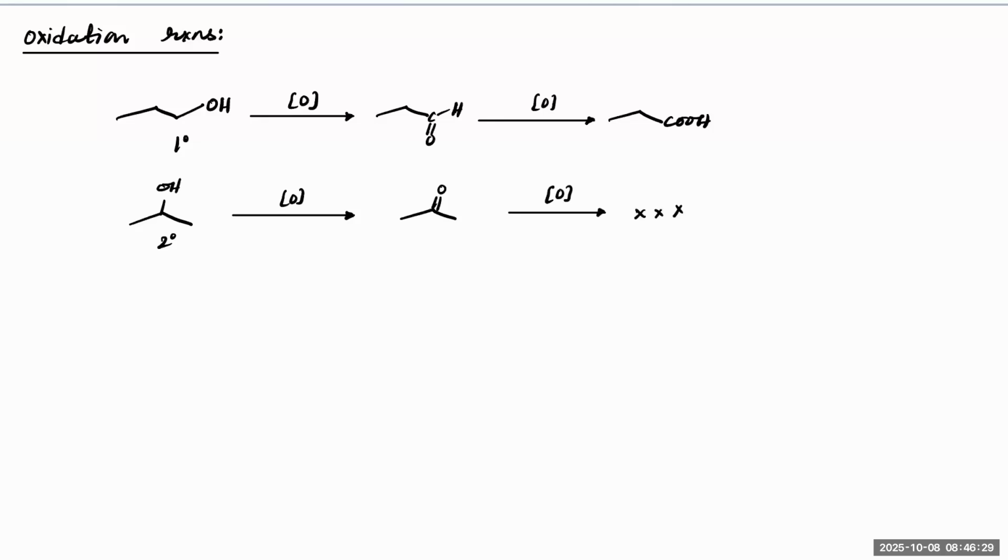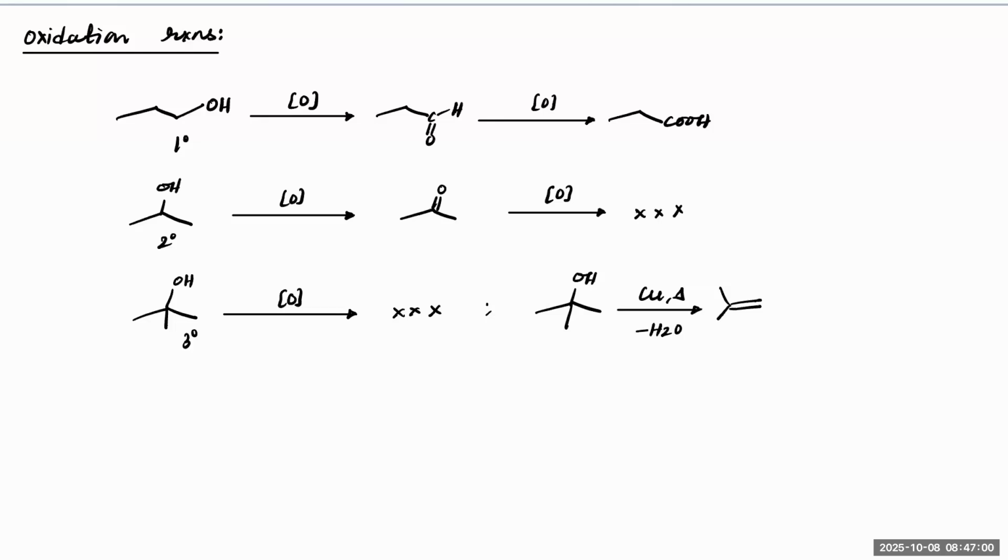If you have tertiary alcohol, 3 degree alcohol, if I make an oxidation from here to here, here itself there is no reaction, correct? There is one more case where there is a reaction on tertiary alcohols, but this is not oxidation, this is dehydration. That is done by copper and heat. So copper and heat will give you dehydration.